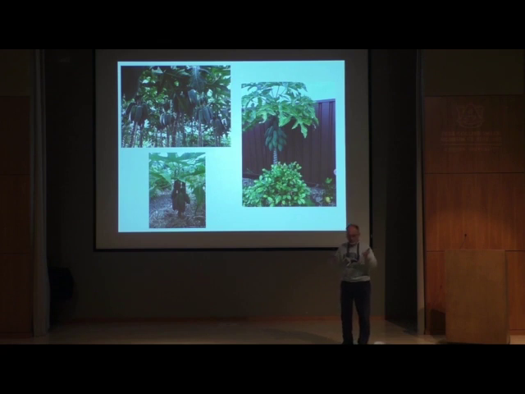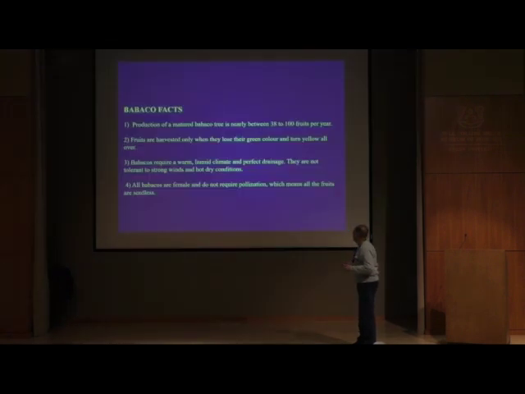This is more of a temperate to cold, all right? But within that, you can grow it, and you can have your dwarf ones too. 38 to 100 fruits, okay? You harvest when it turns yellow, okay? Warm, humid climate, perfect drainage.